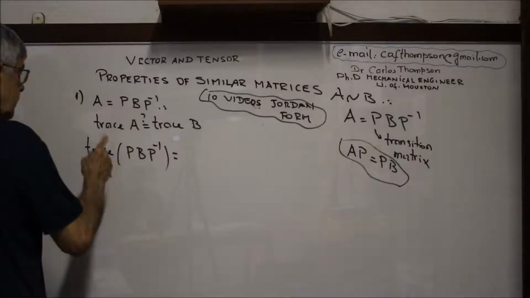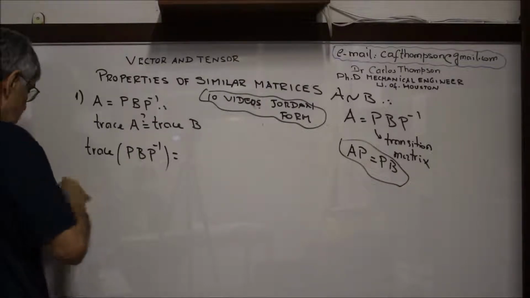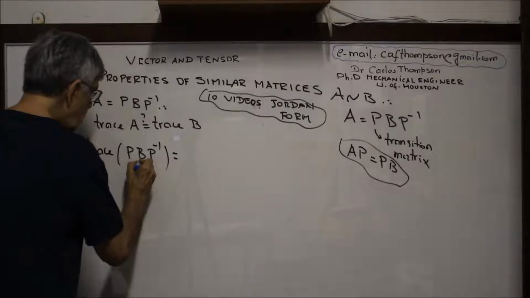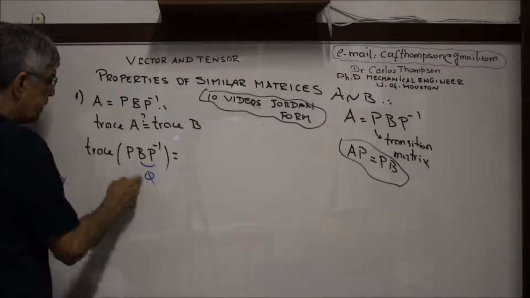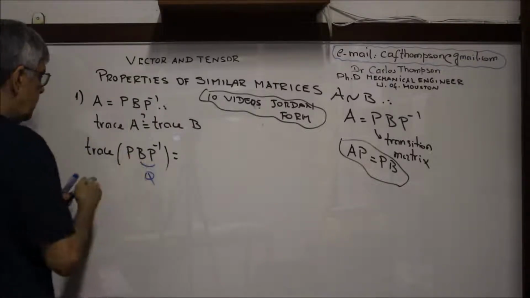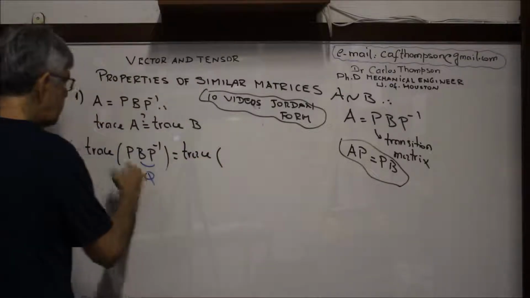Now, let's do as follows. Let's call this PB, let's call this Q. You see, PQ, do you remember? Now, trace of PQ is equal to trace of QP.